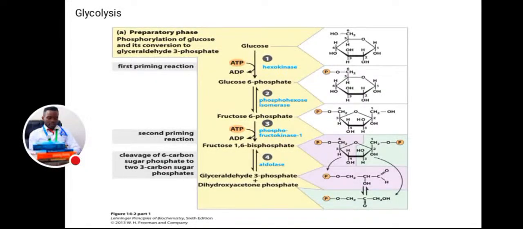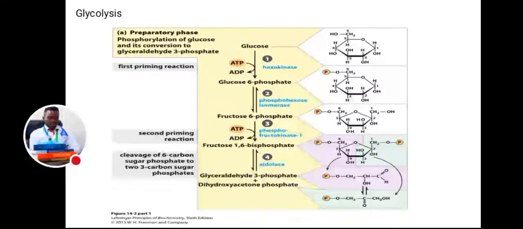When that is done, the dihydroxyacetone phosphate will react, a reversible reaction, giving us glyceraldehyde 3-phosphate, and the enzyme that does the fifth reaction is called triose phosphate isomerase. So this is how the preparatory phase is done. There are 5 enzymatic reactions.